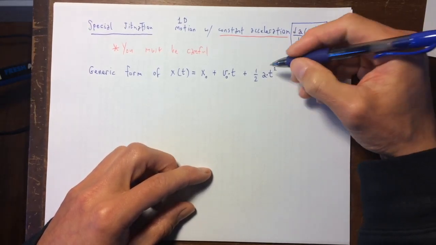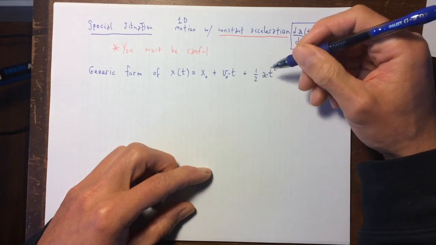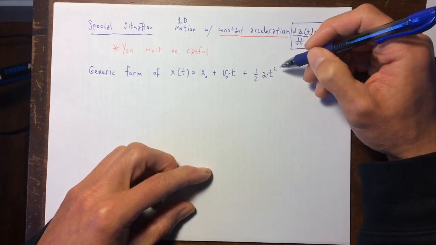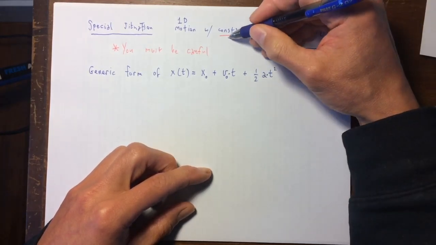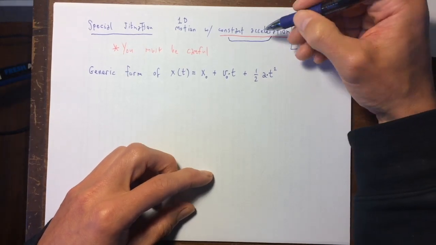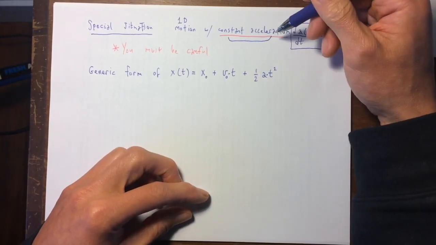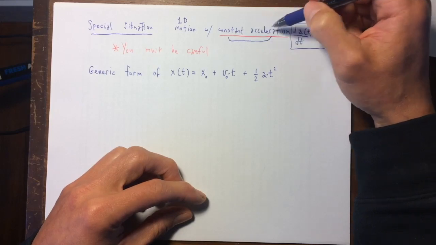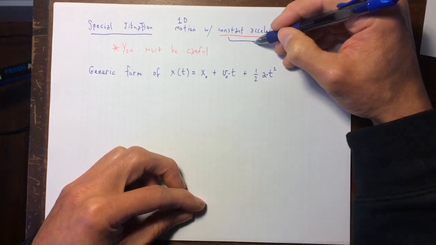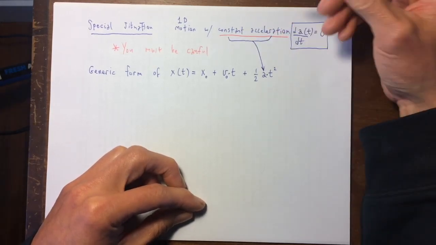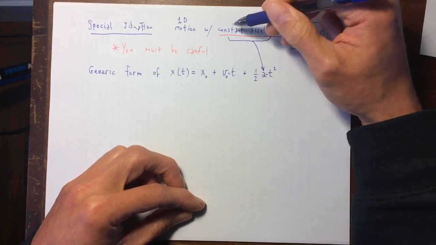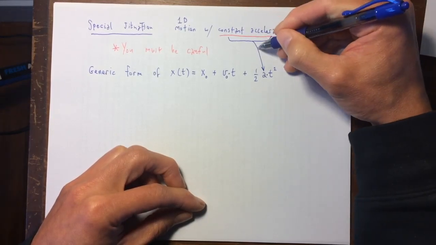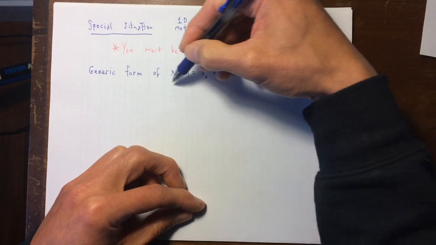This is just some constant value a times t squared. And the idea is since you are guaranteed something about the problem statement that you're reading about, something about the problem you want to solve has led you to believe that you are dealing with an acceleration that's not changing in time, then you can use this generic formula.